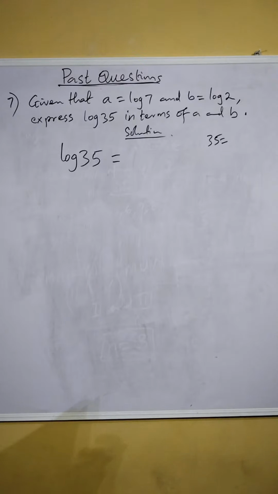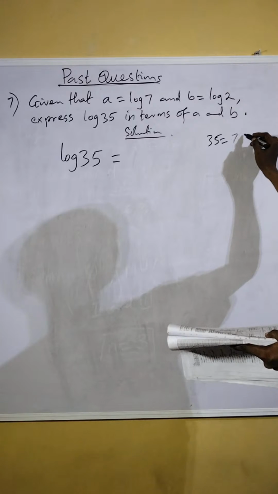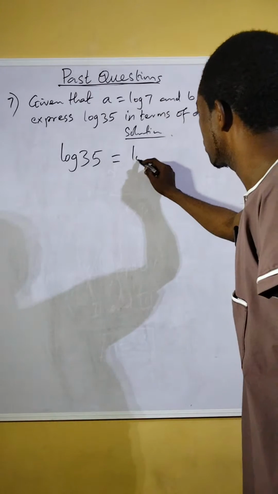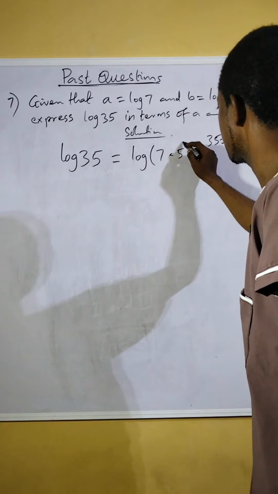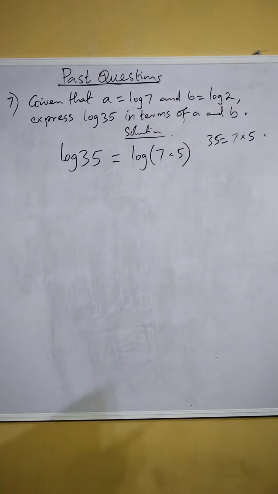We can separate 35 here as, let's say this is 7 times 5. And what happened here? We have log 7 times 5 instead of log 35 now.